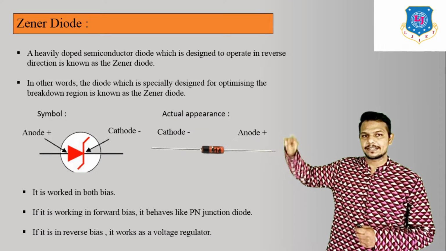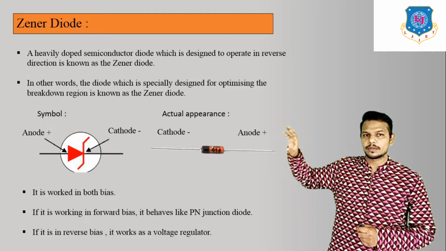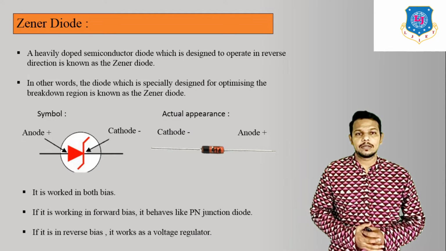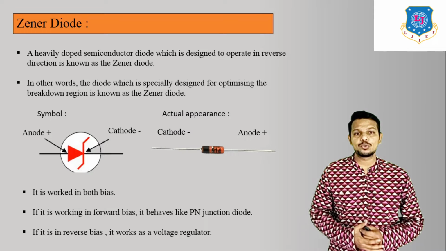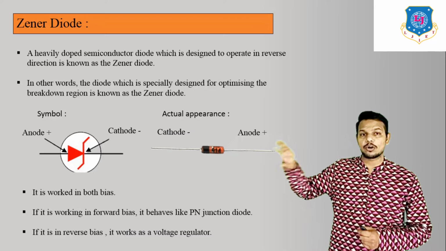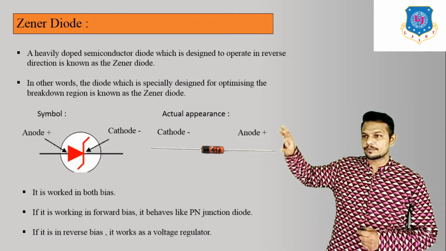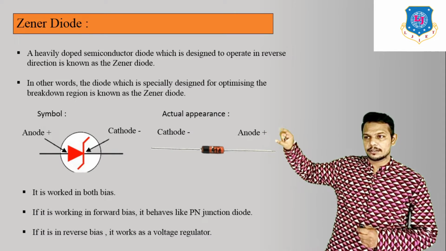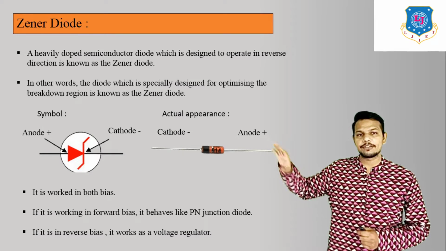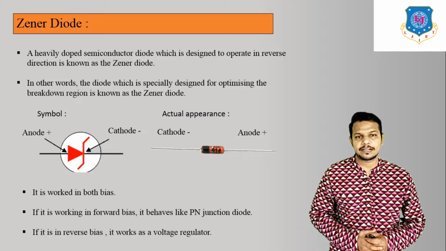If you have an actual Zener diode, how do you identify whether a leg is anode or cathode? If there is a black line, that is the cathode, as we can see in the actual appearance of the Zener diode.